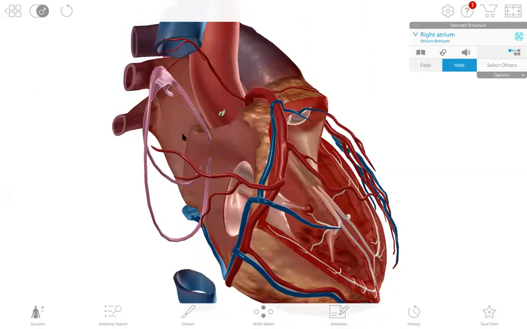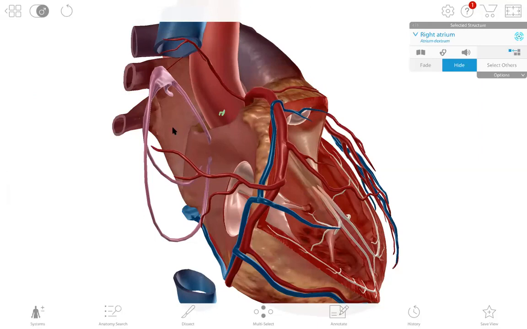Embryologically, it was open, but before birth it should be closed. The septum between the two atria must be closed, because the right atrium is for deoxygenated blood and the left atrium is for oxygenated blood. They should not be mixing in between the two.